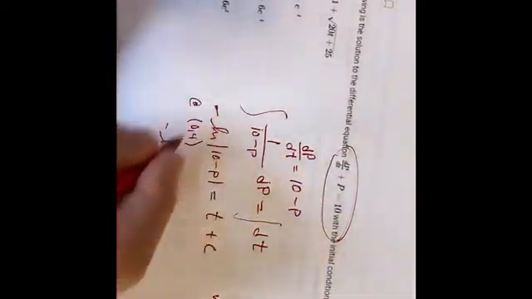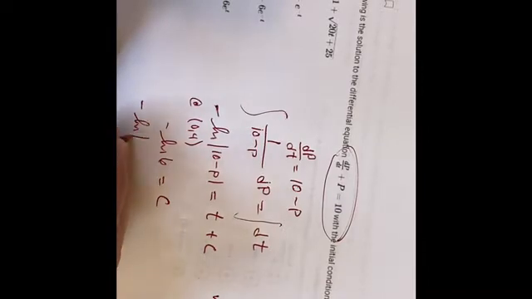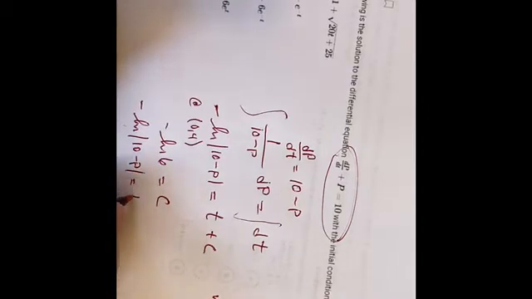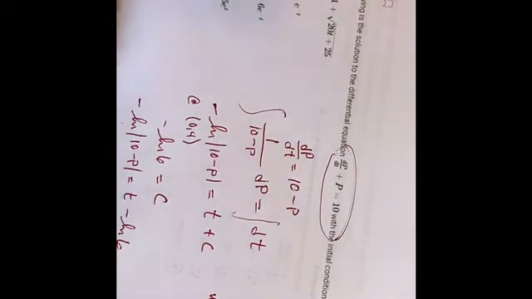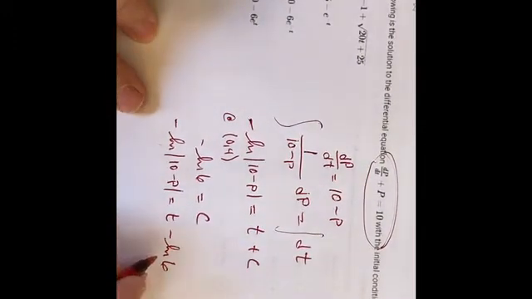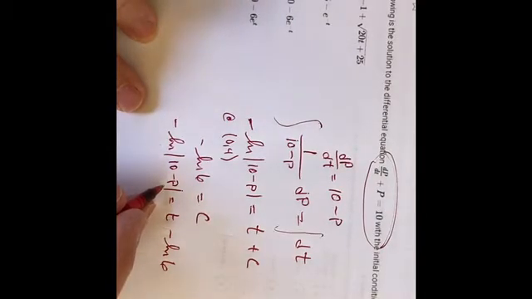And then we have this equation, negative natural log of the absolute value of 10 minus p equals t minus the natural log of 6. Okay, so now it looks like we have to solve for p, right? Doesn't look beautiful, does it?